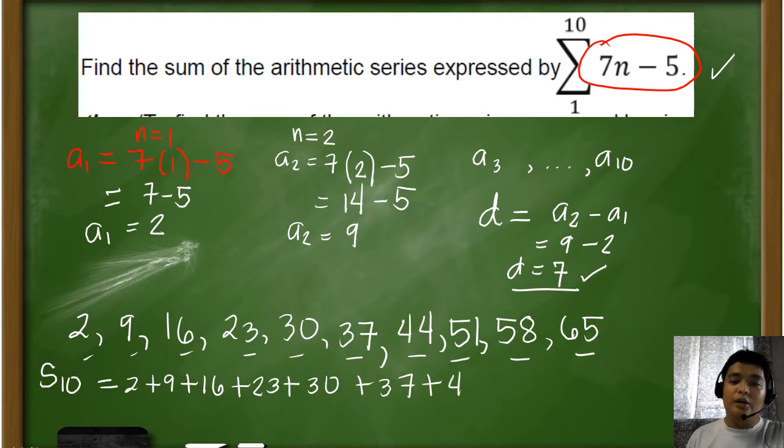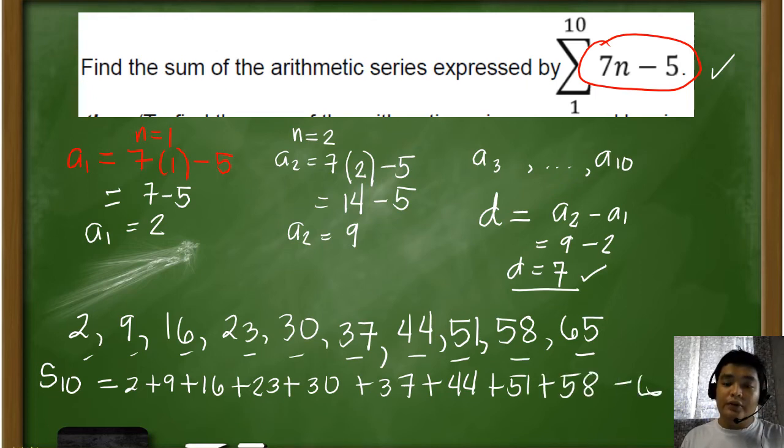If we add everything, our S sub 10 is equal to 335.